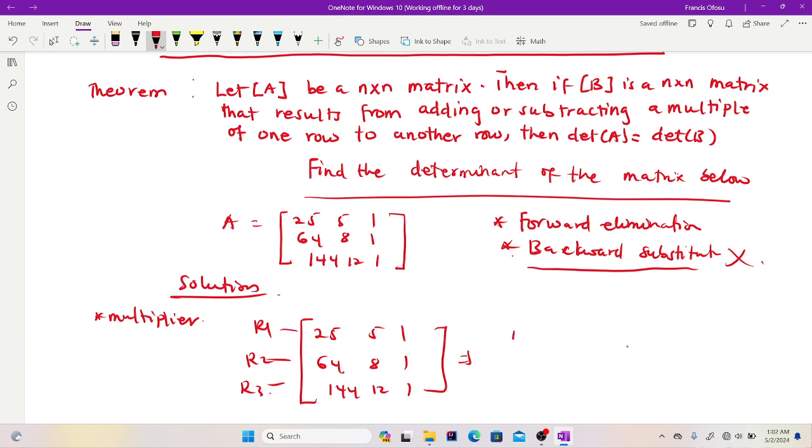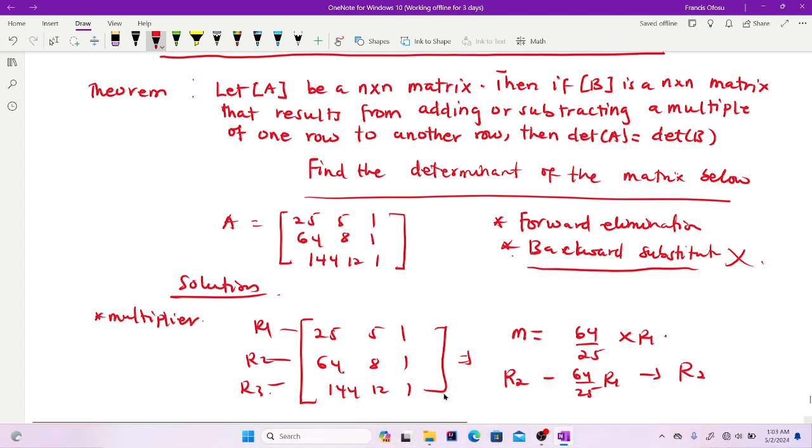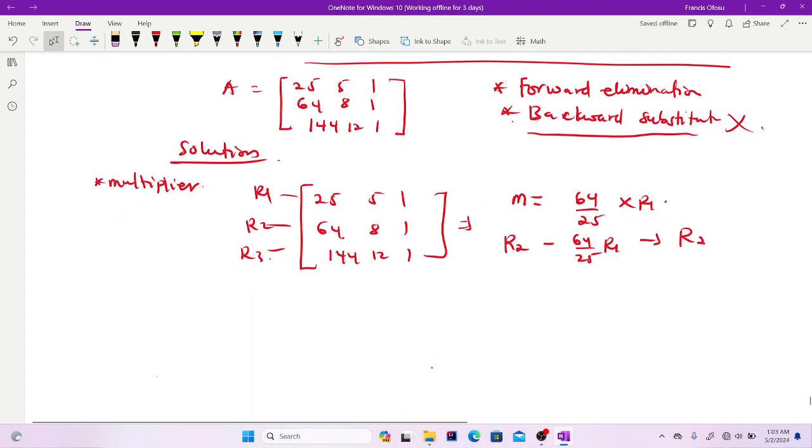So I'm going to have my multiplier m equal to 64 over 25 by row 1. You realize that when you multiply 64 over 25 by row 1, this 25 will cancel and I'll get the first entry to be 64. And I can straight away write my row operation as row 2 minus 64 over 25 row 1, and it maps to row 2. Whatever we get, we replace row 2 with that set of entries.